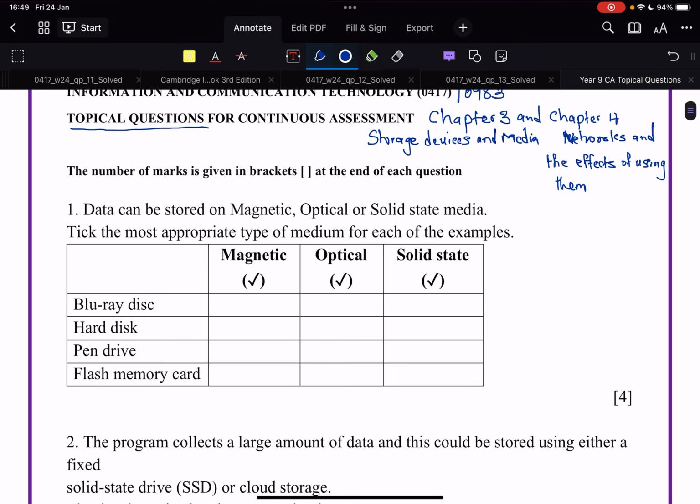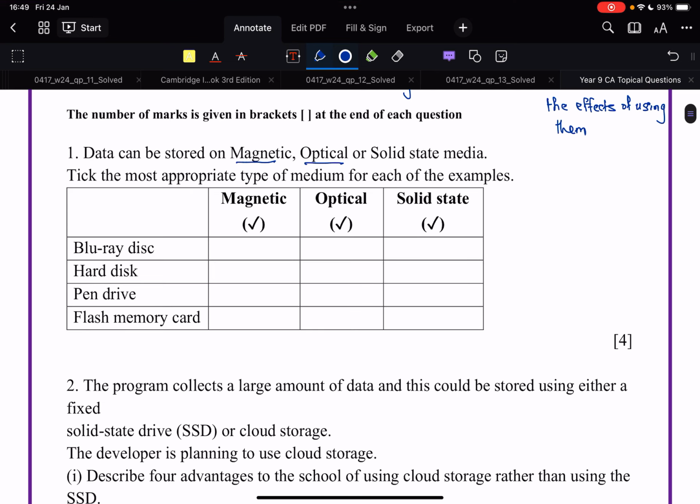Data can be stored on magnetic, optical, or solid state media. Tick the appropriate type of medium for each of the examples. Now, it is important for us to understand that when we talk about magnetic, using the properties of magnetism is one of the oldest methods for electronic storage of data.